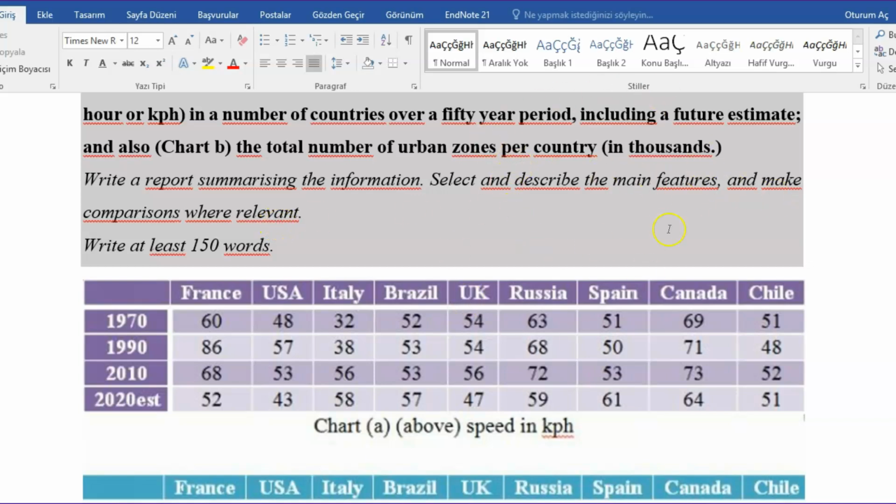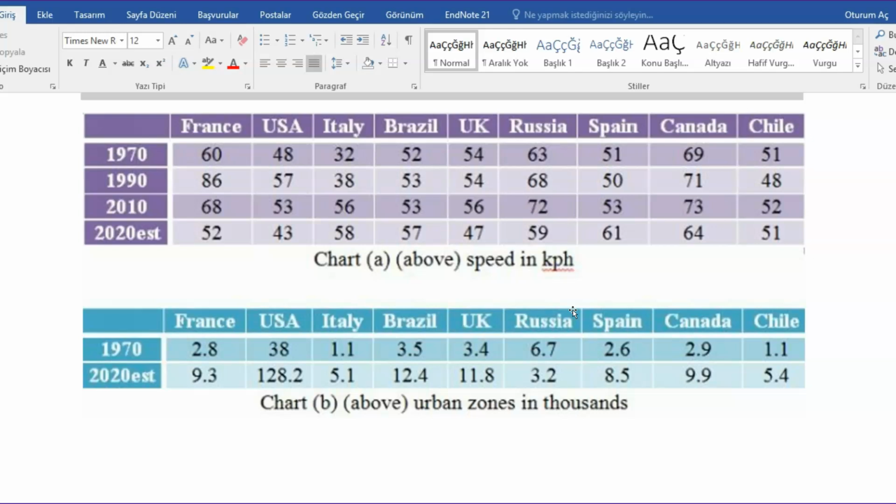You have to actually know the type of the charts, and after that specifically detect what the type of charts is, and what the trends are and what the exception is, right? And if you need any comparison, you can write it also, okay?